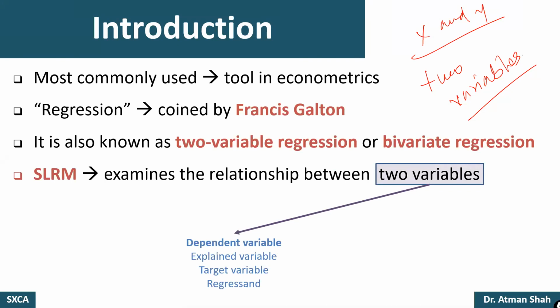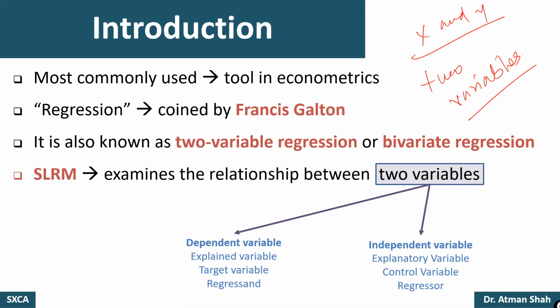One is the dependent variable, which is known as the explained variable, target variable, or regressand. Another variable is known as the independent variable or explanatory variable, control variable, or regressor.